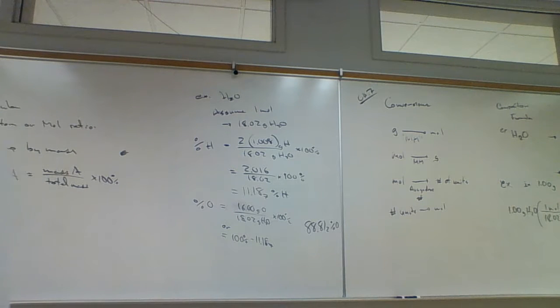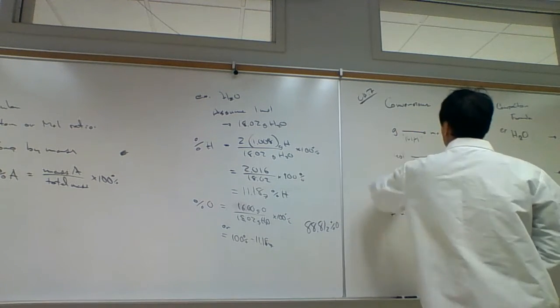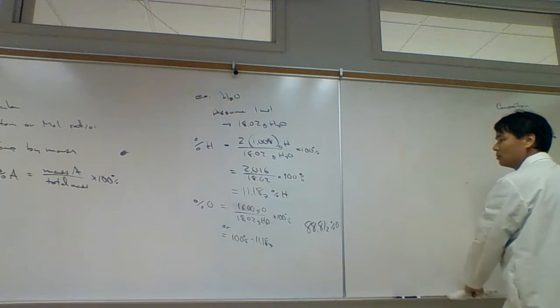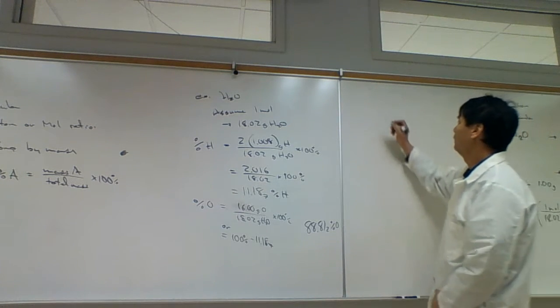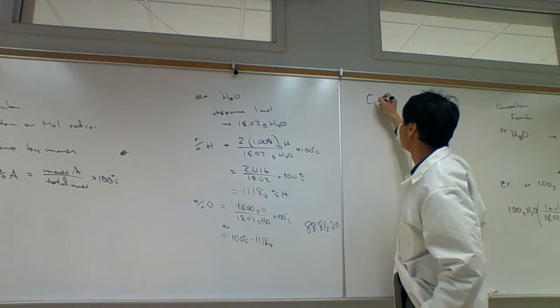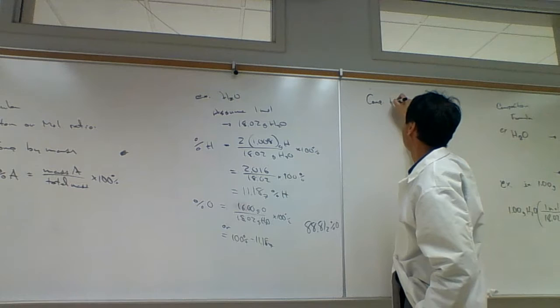Now, we don't use mass ratios when we do this, because using mass ratios is not nearly as useful as using atom or mole ratios to represent the composition. If I were to represent the composition using mass ratios, it would look something like this. Composition by mass ratios.